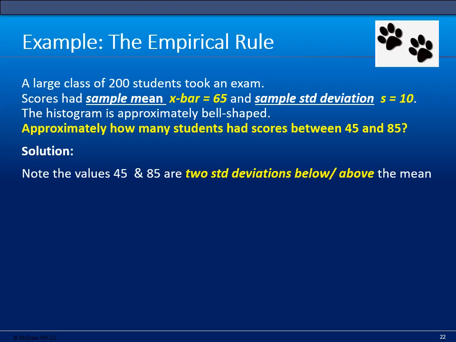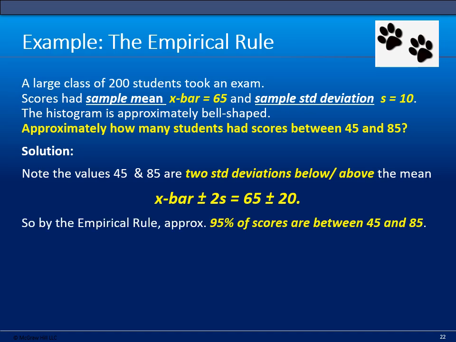Okay, and we know that if the rough shape is approximately symmetrical, then 95% of our data is within 2 standard deviations. So by the empirical rule, 95% of the scores are between 45 and 85 for the students who took this exam.